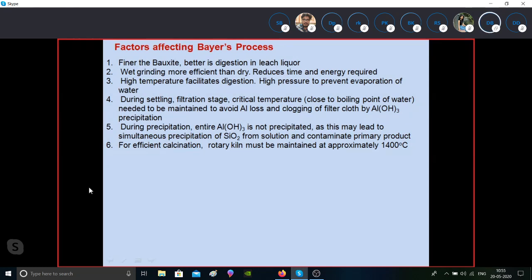The finer the bauxite, the better the digestion in the leach liquor. Leach liquor is nothing but caustic soda, sodium hydroxide. And I said wet grinding is more efficient than dry grinding because it reduces time and therefore requires less energy.